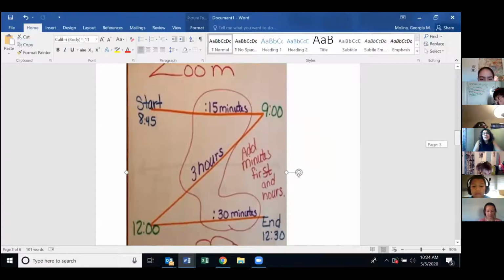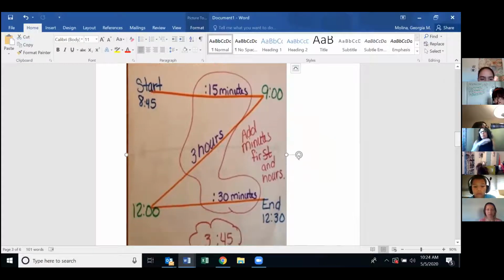The Zoom. Again, you do the Z method. Remember, you make sure you do your Z letter, and then you start at 8:45, but you end at 12:30. Remember, you go from the hour. What hour comes after 8? 9. And then you go to the end. What hour is before 12:30? 12.